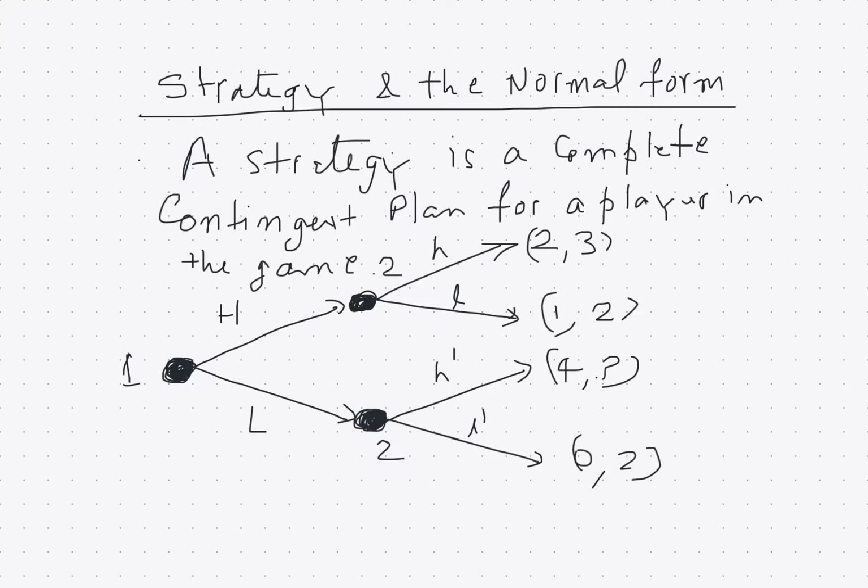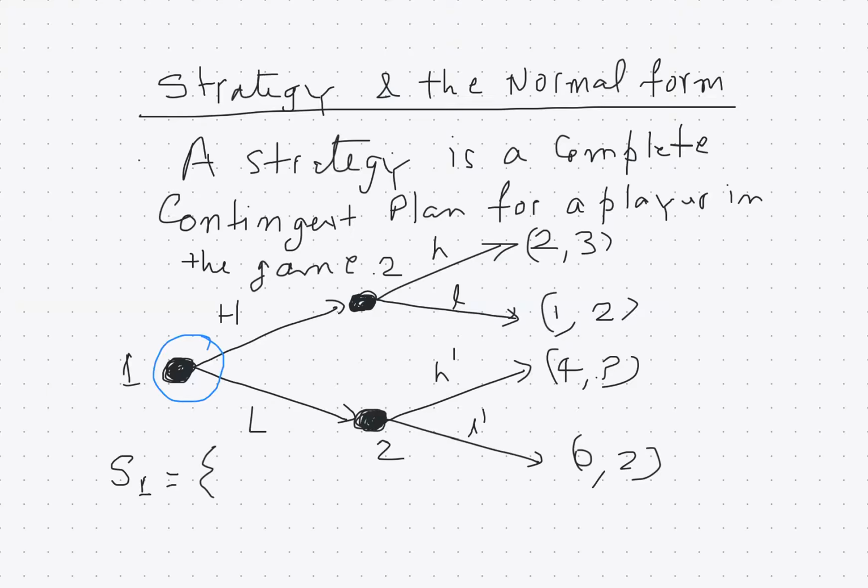So now we need to write down the strategy set for both players. So first, let's look at the strategy set for player one. So strategy of player one. It's a set. Player one has only one information set, and that's here, right?